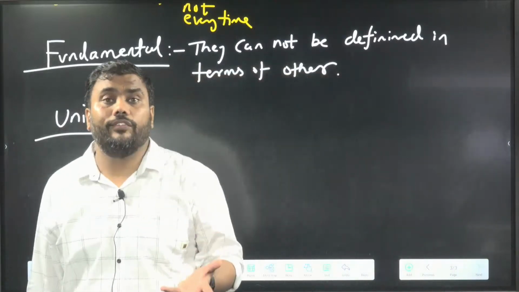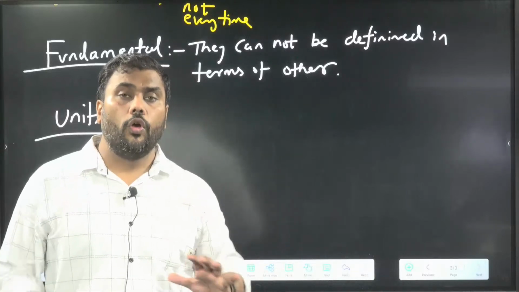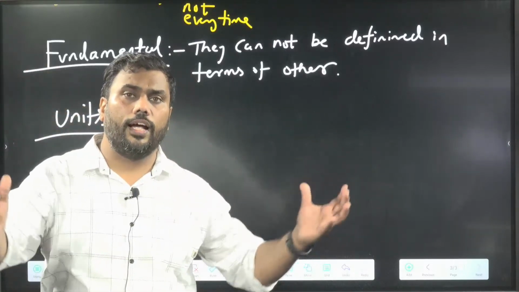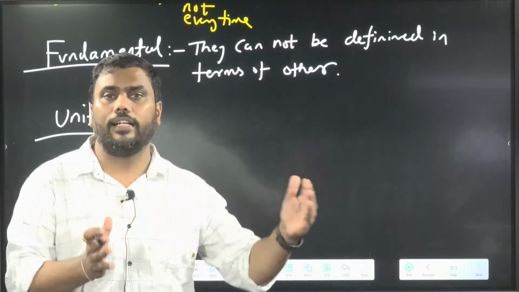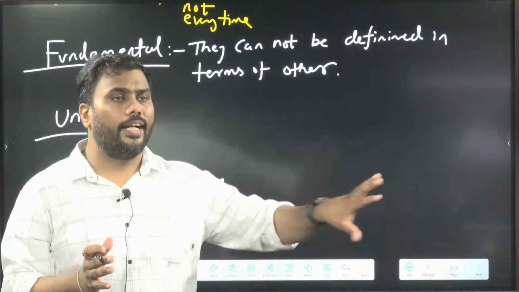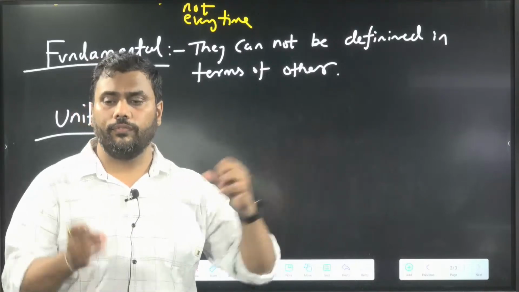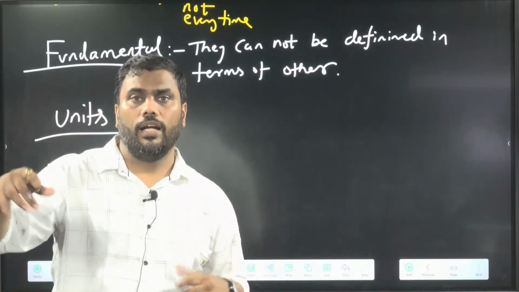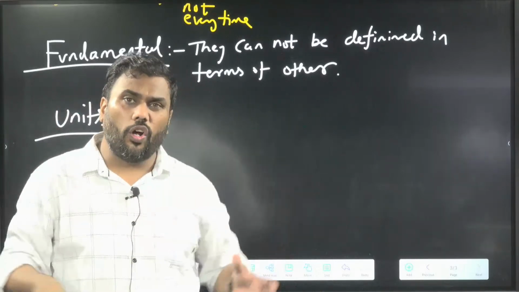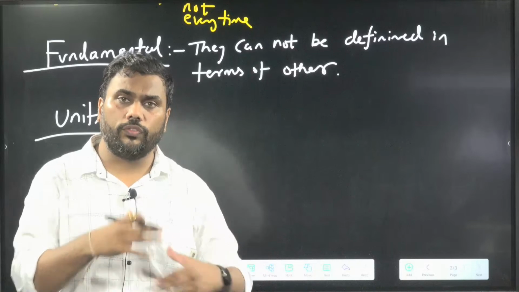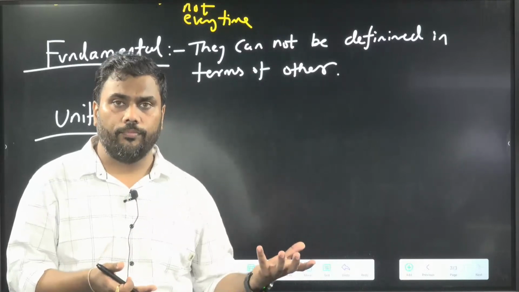So to avoid confusion, all the scientists in the world have come together and decided to use some standard units. England was using one kind of system, France another, some other country in Africa another. So a lot of problems were created because of the different units.